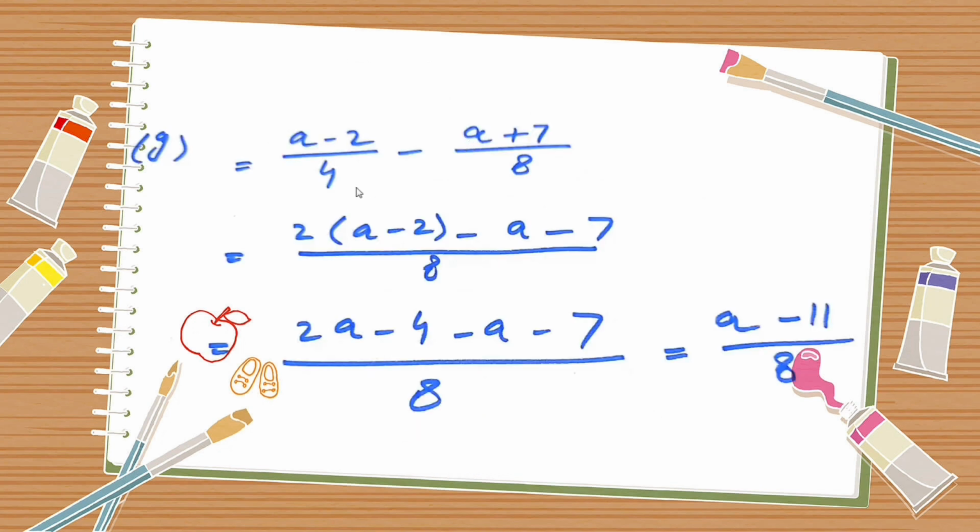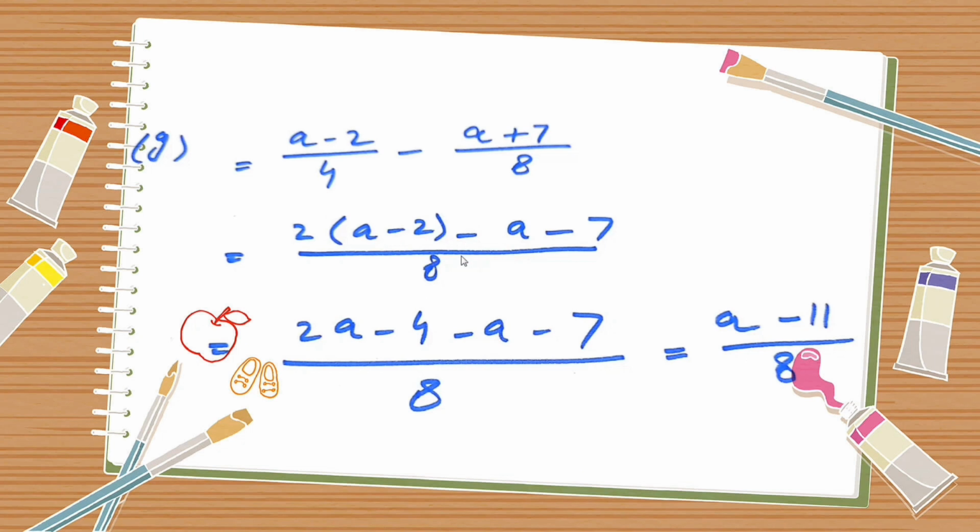The G part states that we have to subtract this (a plus 7) divided by 8 from the (a minus 2) divided by 4. So taking the LCM, whenever the two numbers are multiples of one of each other, then the bigger number will be the LCM. So 4 and 8, in this case the LCM will be 8, and this 8 is divided by 4 to get 2. 2 is multiplied with a minus 2, and for the second fraction we can see that the denominator and the LCM are the same, 8.